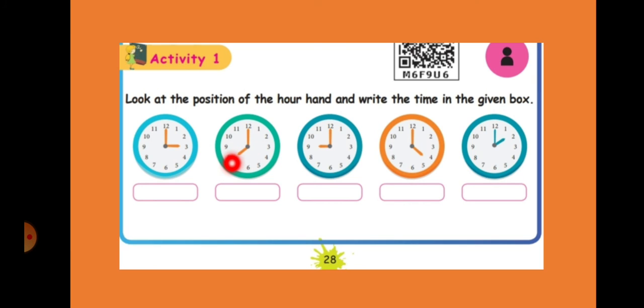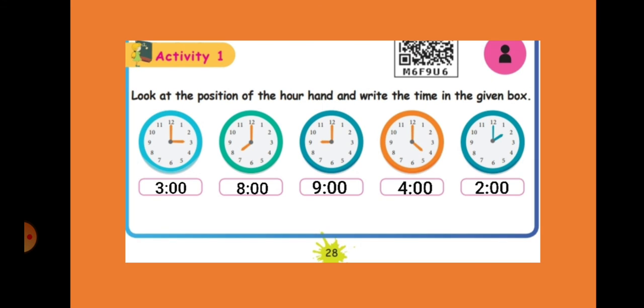Smaller hand is 8. Next here, the shorter hand is at 9. So 9 o'clock. Here, the shorter hand is at 4. So 4 o'clock. Here, the shorter hand is at 2. So 2 o'clock. Okay. So these are the answers. Very easy, right? If you know that, it is very easy.